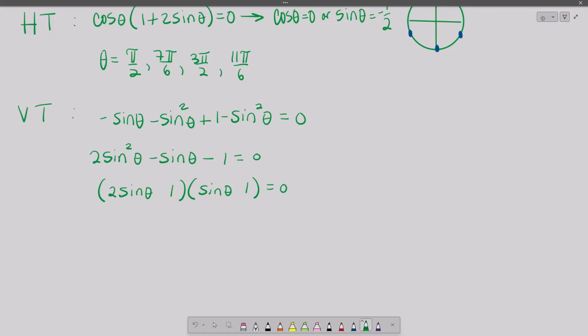And should the negative be in the first factor or the second factor? The second. So if it's in the second factor, the outer is going to give us -2 sine theta, and the inner is going to give us +1 sine theta.